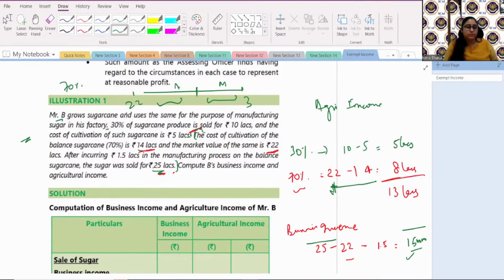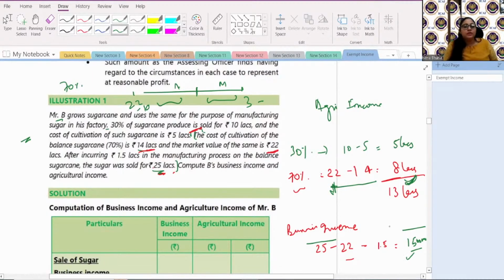So 22 minus 14, which is the cultivation expenses, I'll get my actual agricultural income. Okay, income का मतलब is the receipts minus the expenses. And manufacturing से how much additional I got? 3 lakhs. 3 lakhs में से manufacturing expenses I'll reduce, 1.5 lakhs.